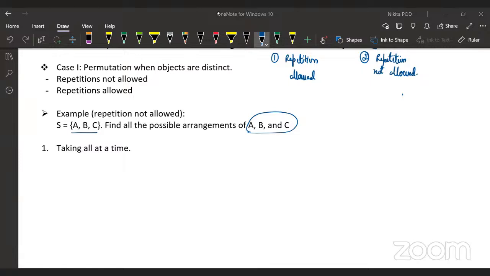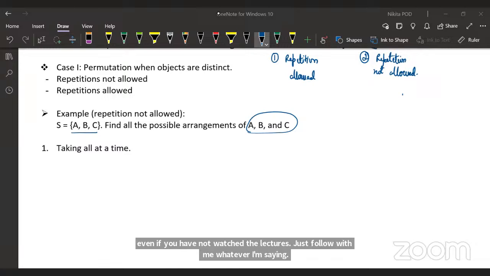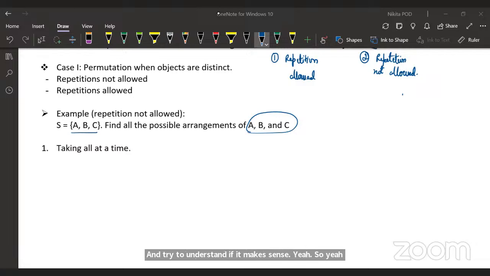Whatever we are doing right now, if you have watched the lecture, you should know all this. Even if you have not watched the lectures, just follow with me and try to understand if it makes sense. Now you have three objects A, B, and C, and you want to arrange them.